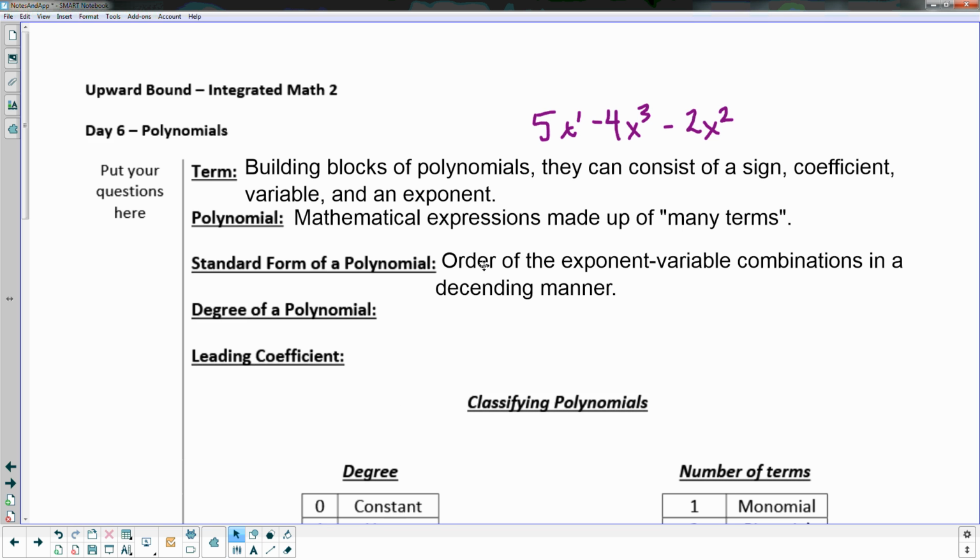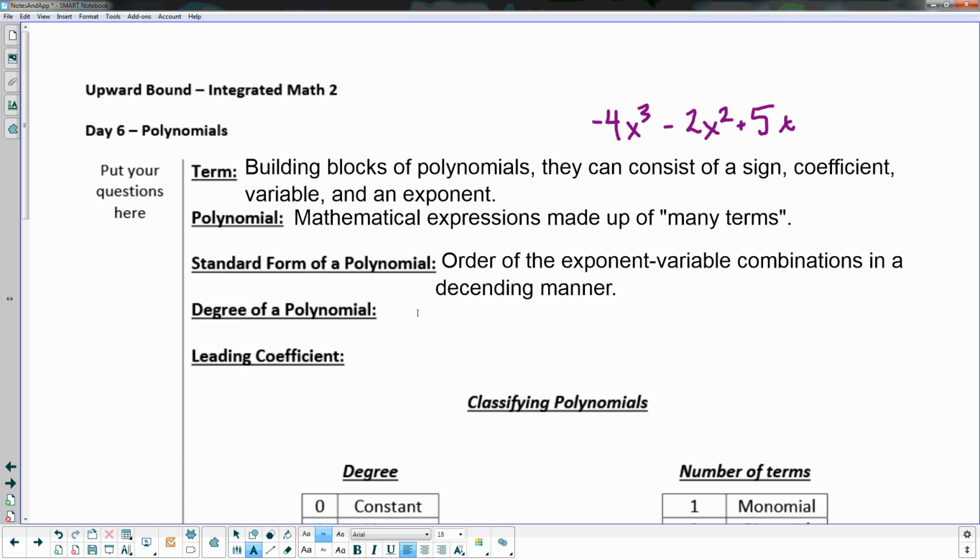So I would actually have to take this and move it over here, which I can do. My rules of algebra will let me do that. I just have to know that it's a positive 5x. But moving that to the end now puts my exponents on my variables in descending order, and that's kind of the marquee requirement for standard form of a polynomial.